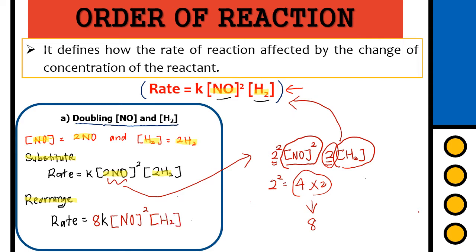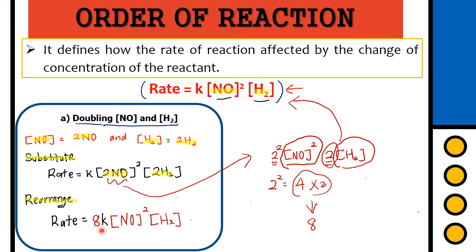So if you can see here, the new rate law that I have written here is the same as the original one, where we have K concentration of NO to the power of 2 and H2. But the only difference here is we have 8 in front.